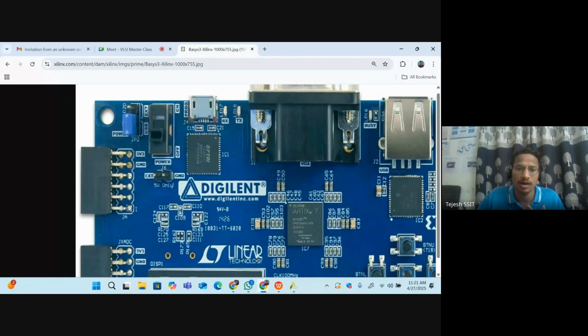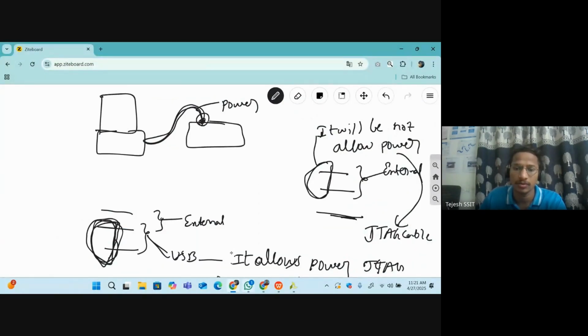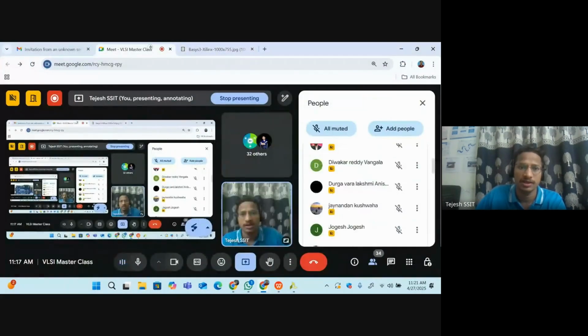Sir, this is the external connection. You can see this one. All of you, is my cursor visible to you? Hello? Can anyone please tell me?